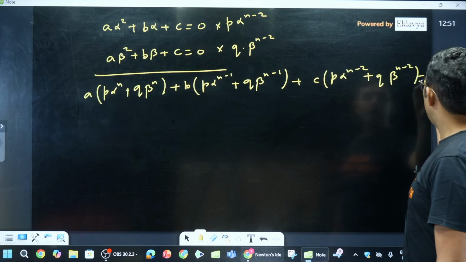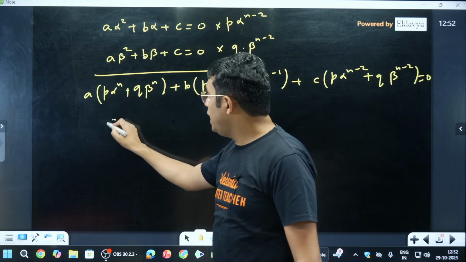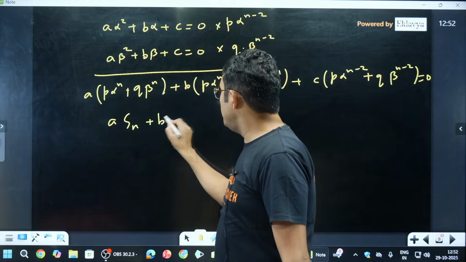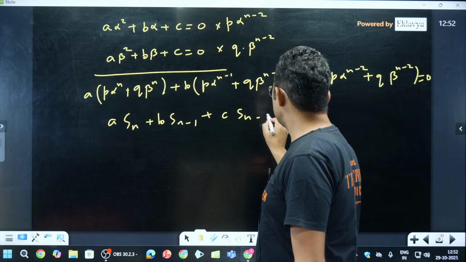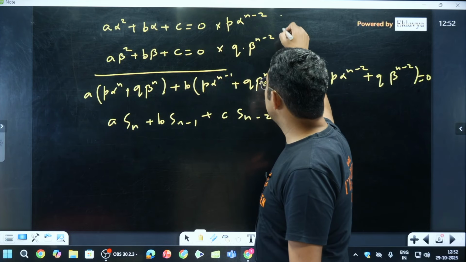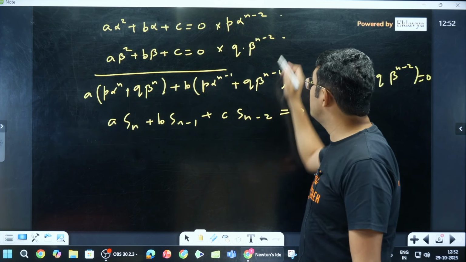So you can see how easily it is coming: a into Sn plus b into Sn minus 1 plus c into Sn minus 2. But please remember, this will be true if n is greater than or equal to 2.